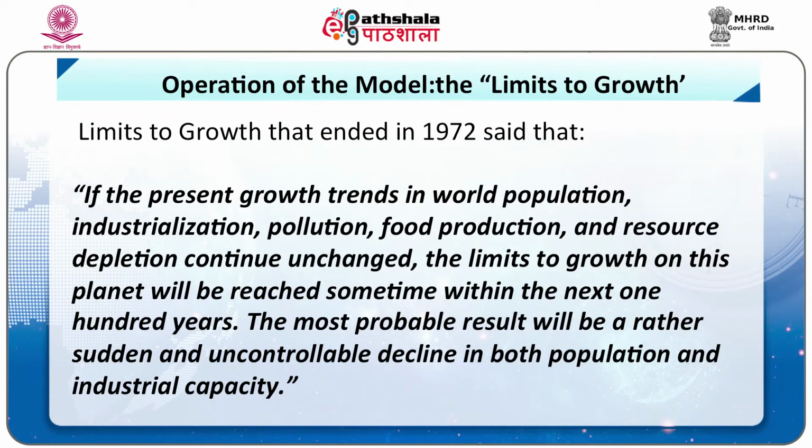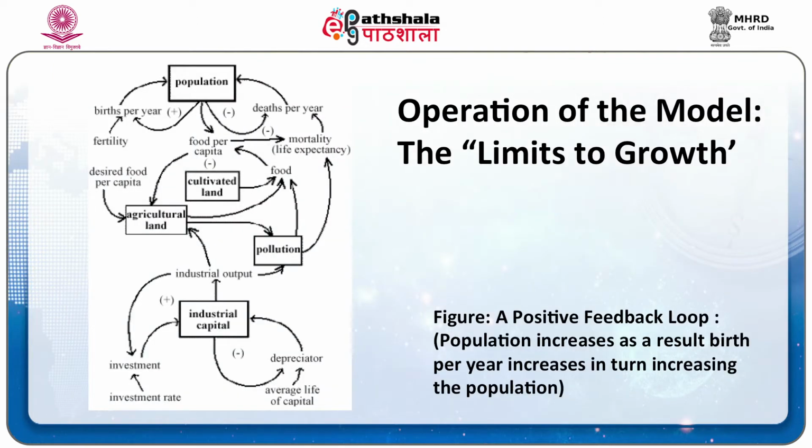Limits to Growth concluded in 1972 that if the present growth trends in world population, industrialization, pollution, food production, and resource depletion continue unchanged, the limits to growth on this planet will be reached sometime within the next 100 years. The most probable result will be a rather sudden and uncontrolled decline in both population and industrial capacity. I hope you are understanding the limits to growth. The limits to growth is the population increasing, there is a limitation, and beyond that a diminishing return, and then you will stop. Is it happening?